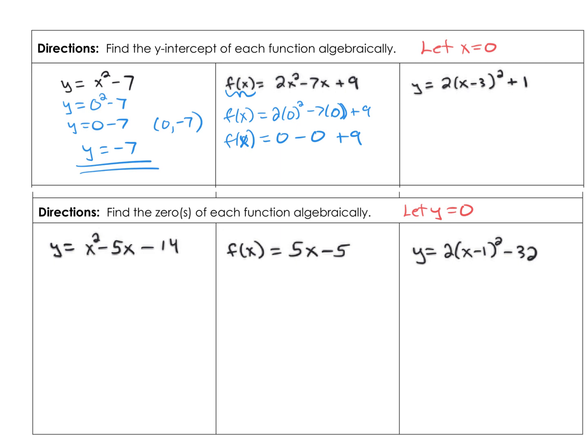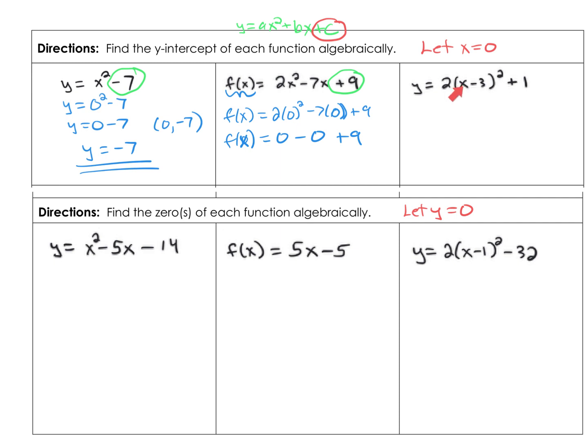If it's written in this format, terms with x's in them are going to disappear, so you're really just looking at this number here. If your equation looks like y equals ax squared plus bx plus c, this c number is the y-intercept. Those are pretty easy to find.